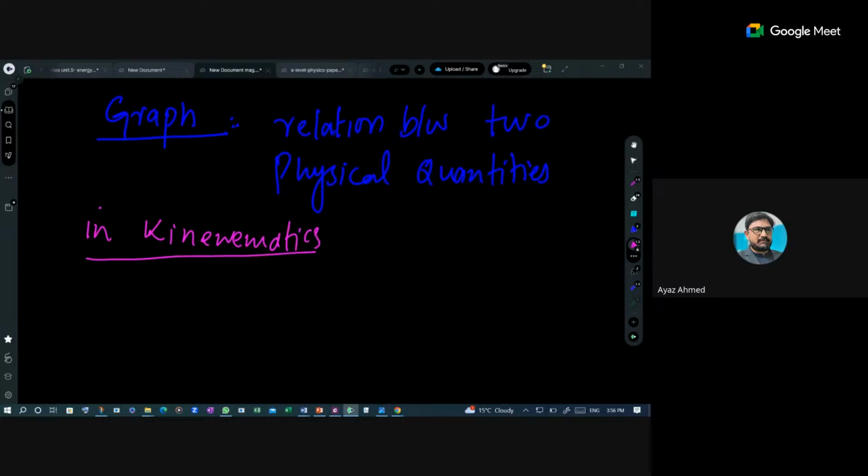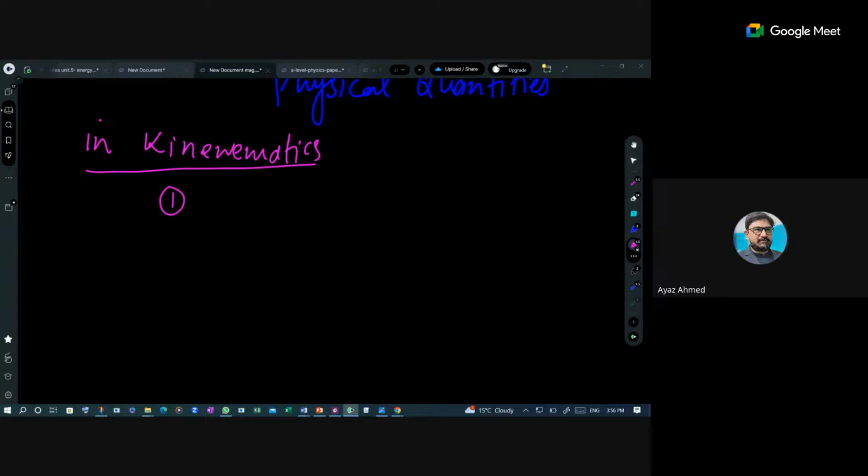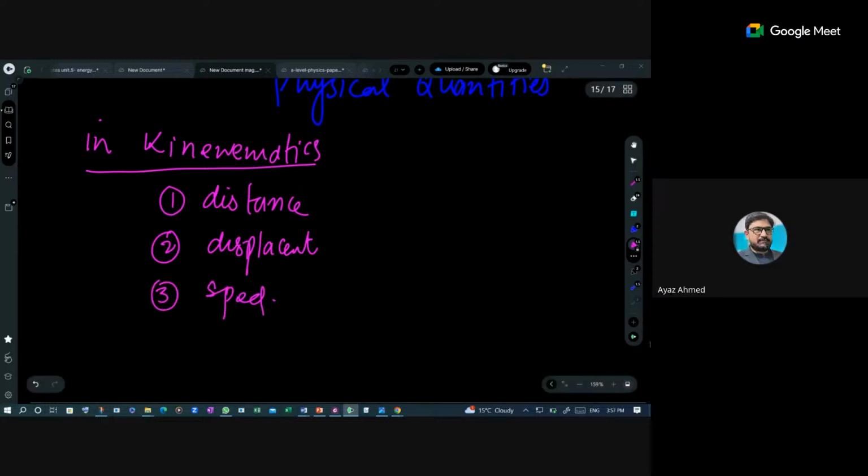In kinematics, first it can be your distance, then it can be your displacement, then your speed, then your velocity, and then your acceleration, or you can say deceleration.